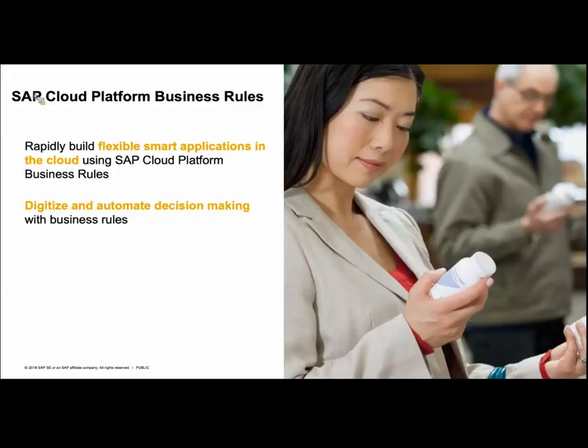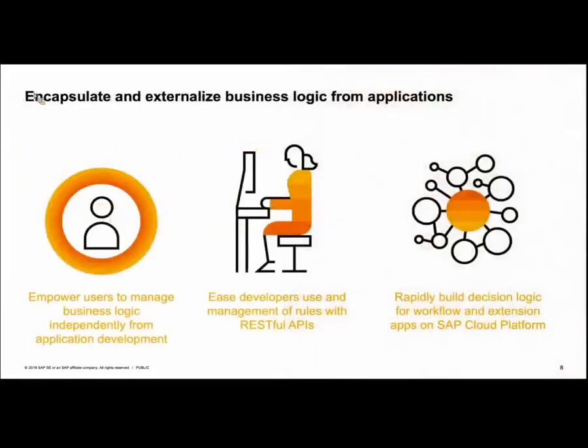It is also aligned to our SAP strategies, which is basically to help our customers to smoothly derive digital transformation, and therefore you can use the service to digitize and automate decisions in your organization. So these are three key value propositions that we are offering.